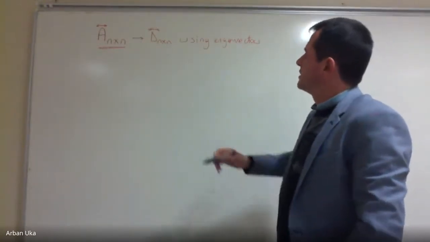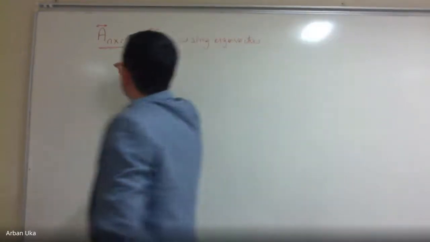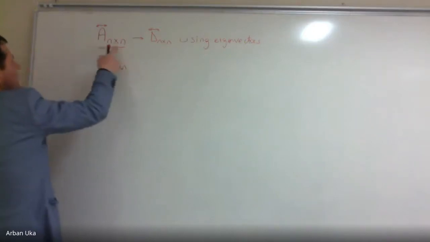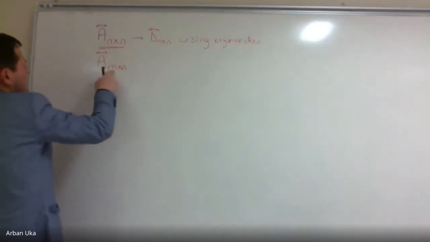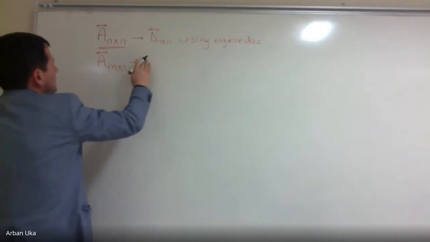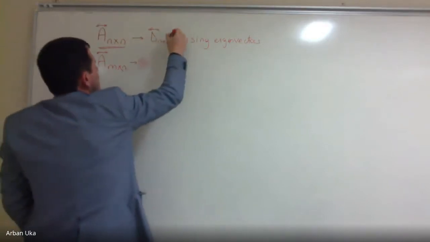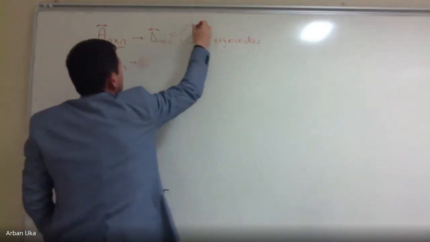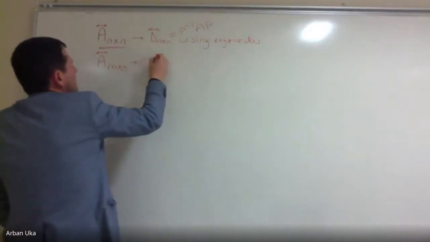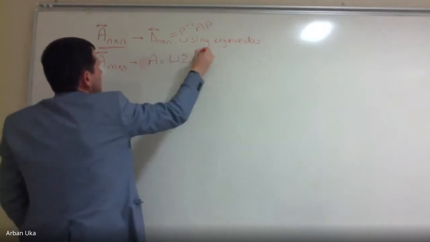Now, regarding the importance of this concept, we can simply generalize it as such. We can have a square matrix which is n by n, and another square matrix which is n by n, and we want to get D, P, and here we want to get A, which is equal to U sigma V transpose.